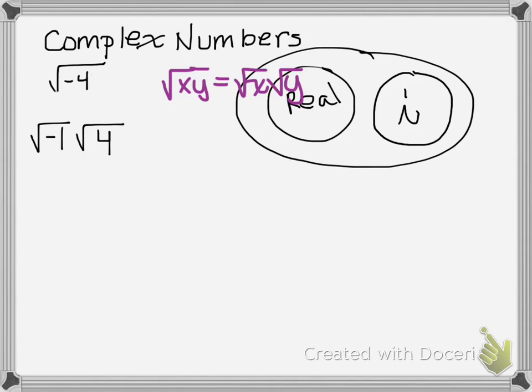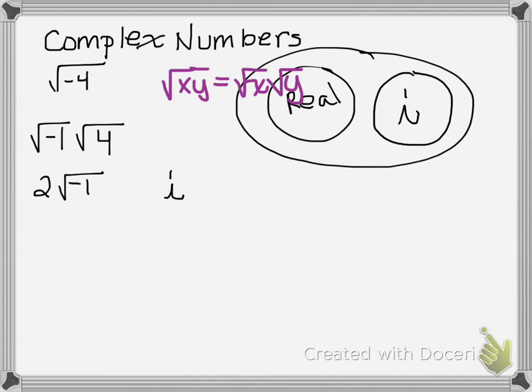Well, here we can make some progress. The square root of 4 is 2, but I'm still sitting here with this square root of -1 and saying there's no number multiplied by itself that is equal to -1. Well, we're going to say that there is a number now, and we're going to call the number that you can multiply by itself to get -1, i.